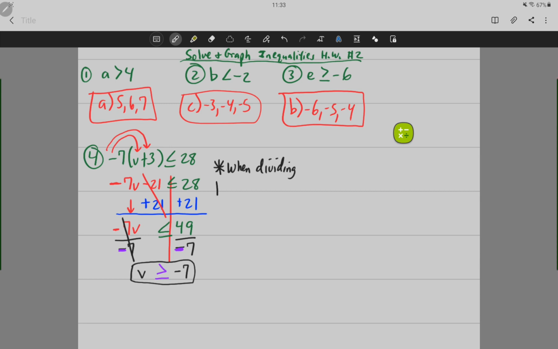So when dividing by a negative, also works for multiplying as well, multiplying or dividing, but here when dividing by a negative, and I'll specify in the denominator. Doesn't matter if the top number is a negative, but in the bottom, if it's in the denominator, we must flip the inequality symbol.